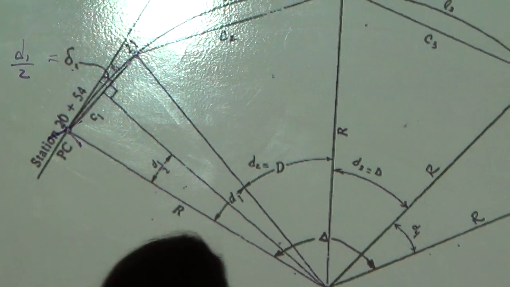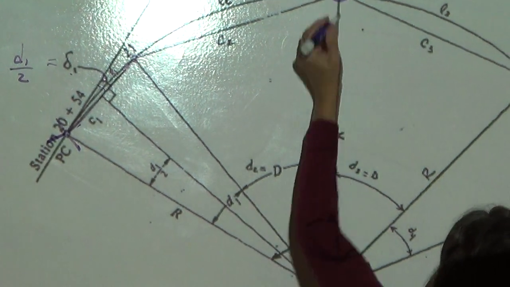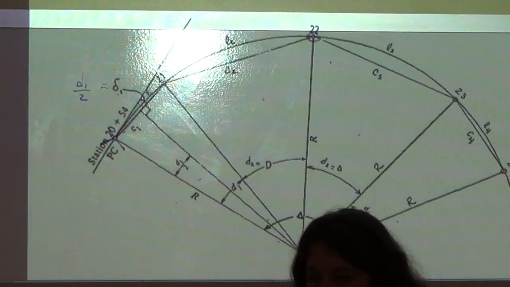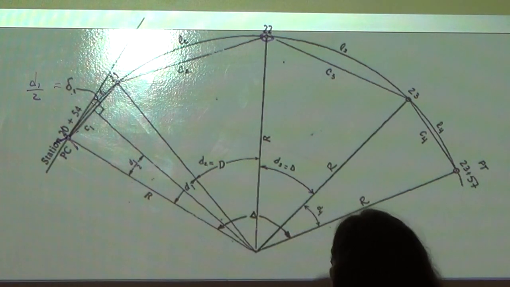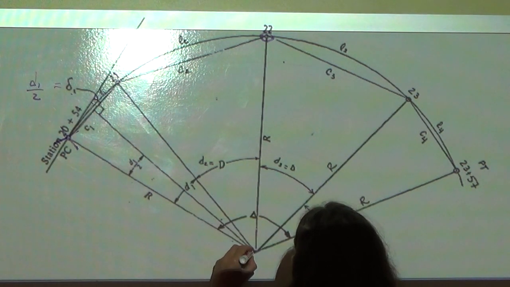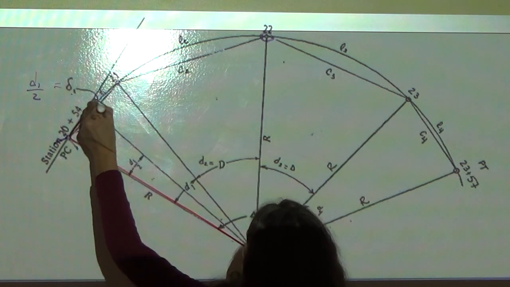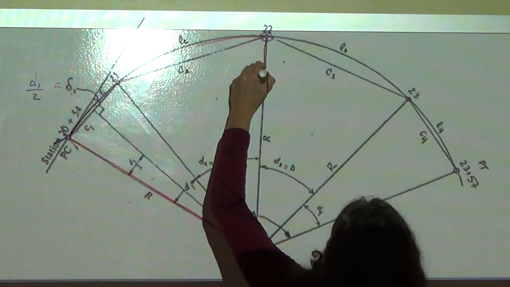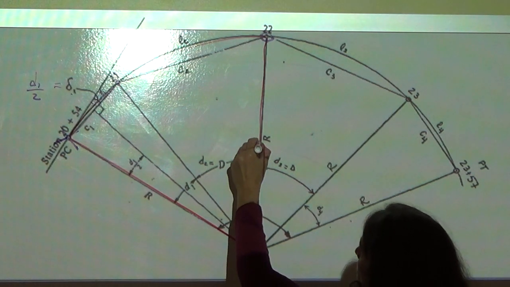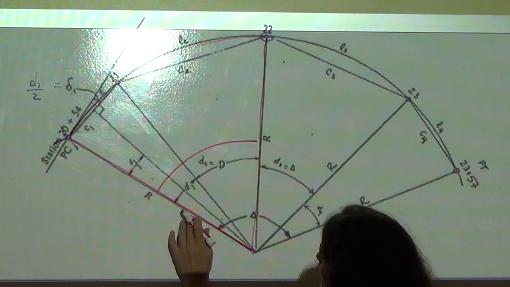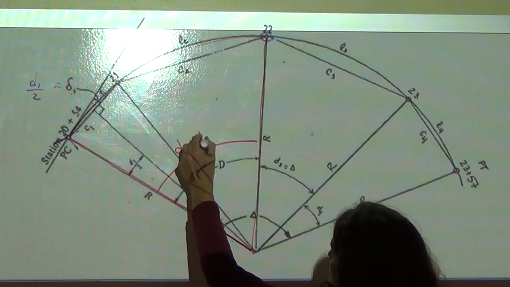So the question then is, how do I find the second station? Don't I need to look at kind of the double slice of the pizza? Now, this angle right here is D1 plus D2.